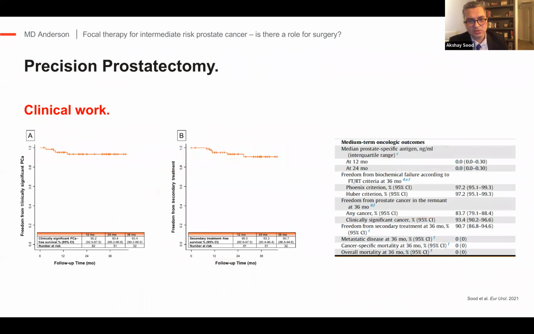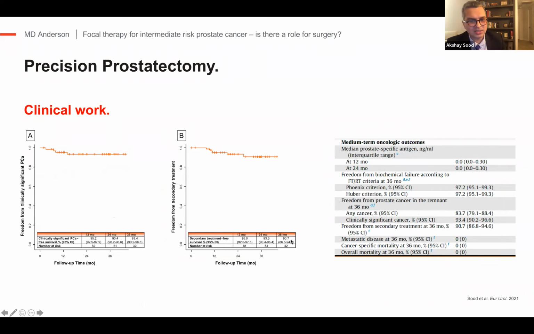And with regards to the oncological outcomes, we did see much improved outcomes, although of course our follow-up is short, but our follow-up is still longer than most of the HIFU studies, with a median follow-up of about 24 months. So we reported 36 month outcomes here.